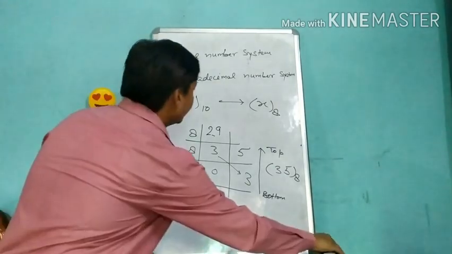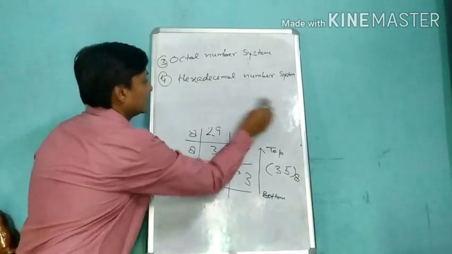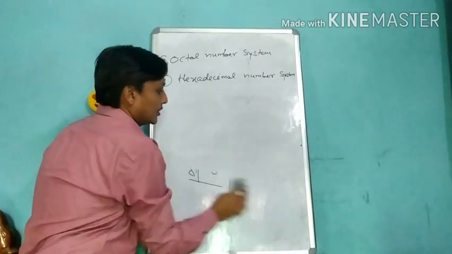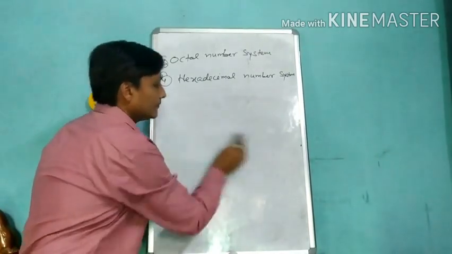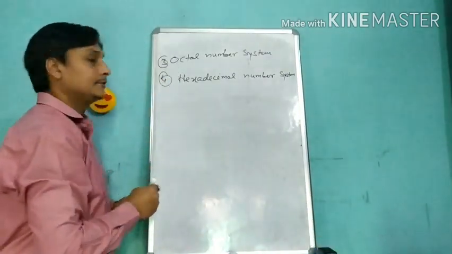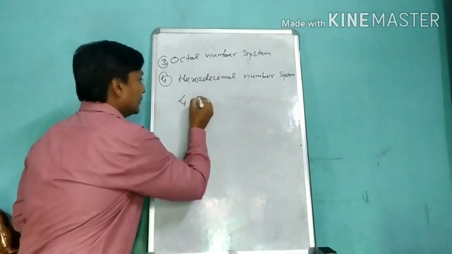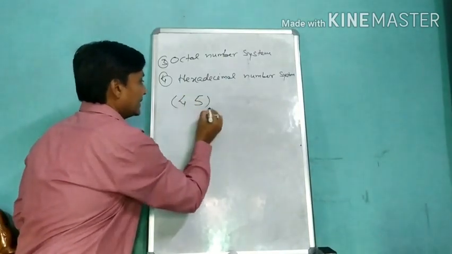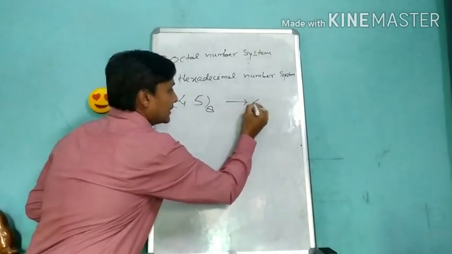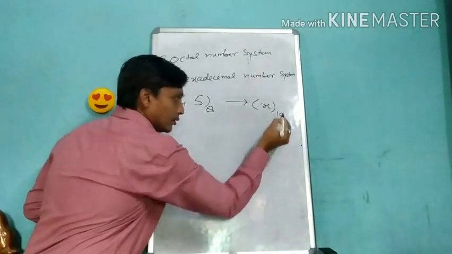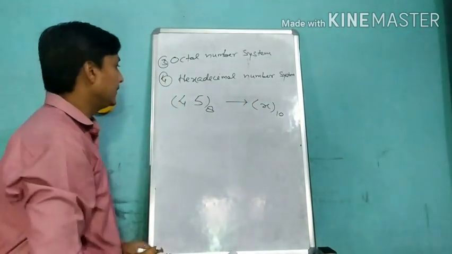Okay, I am telling you. Next, suppose I am going to write 4 5 base 8 and convert this number into decimal. So what we will do?